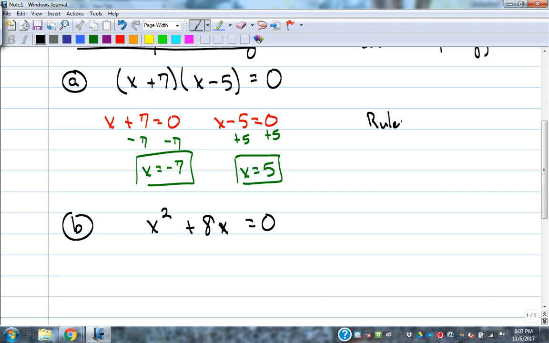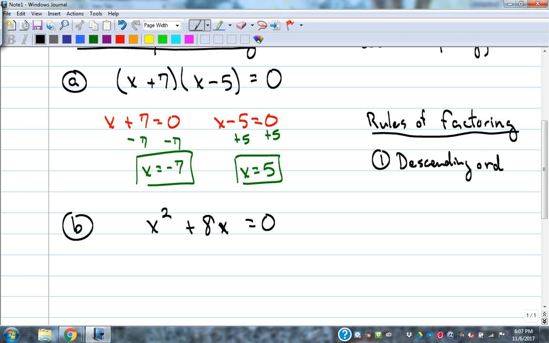And I'm going to go over here on the side. I'm going to remind us of our rules of factoring that we did back in October. The first thing you always look for is what? Descending order. After it's in descending order, the greatest common factor is what we look for next. The third thing we do after we pulled out the greatest common factor, we look at what's left and we count terms.